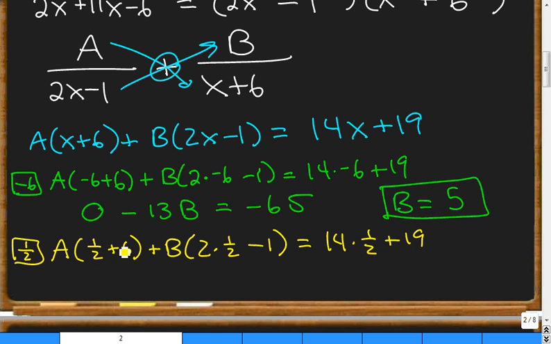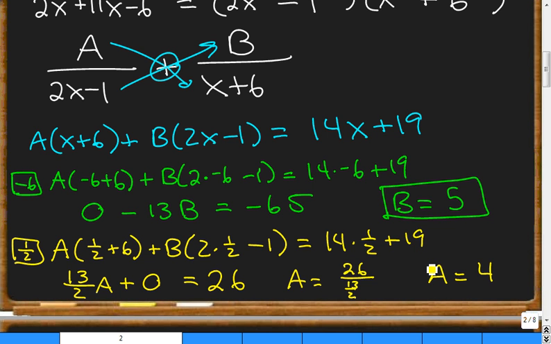And so you'd end up here, this is 1/2 plus 6 is going to be 13/2, so you're going to get 13/2 A plus 0 equals 7 plus 19, which is going to be 26. And so A is going to equal 26 over 13/2, which is going to be 52/13, which is going to be 4. So A is going to equal 4. Again, you can find it that way.